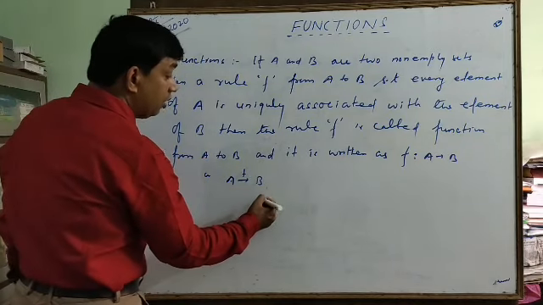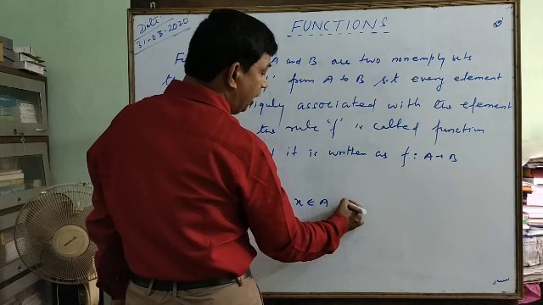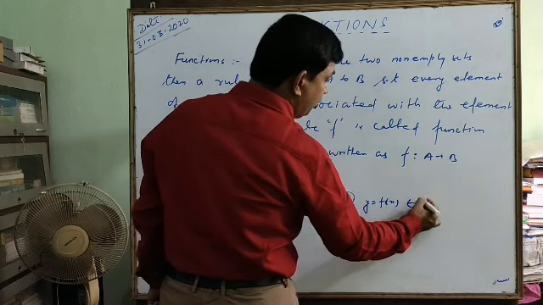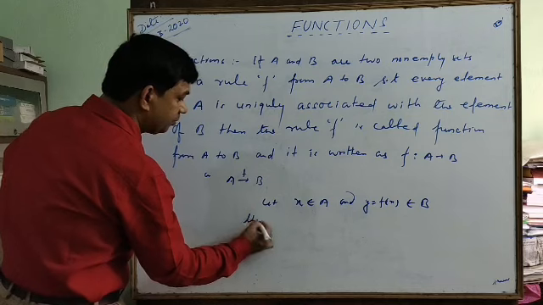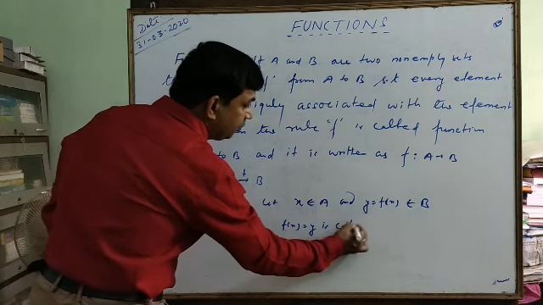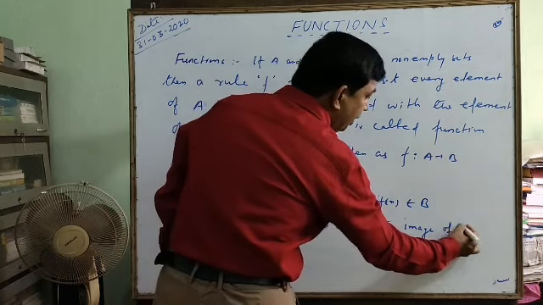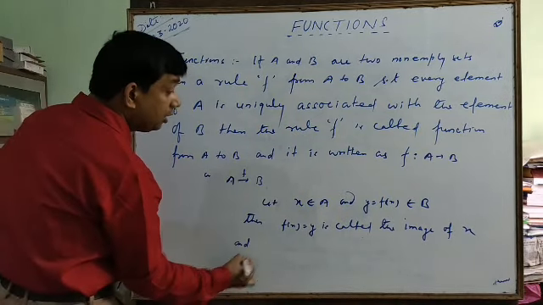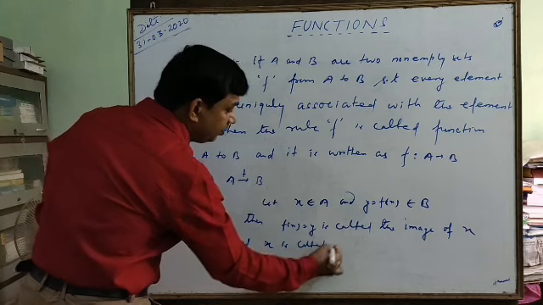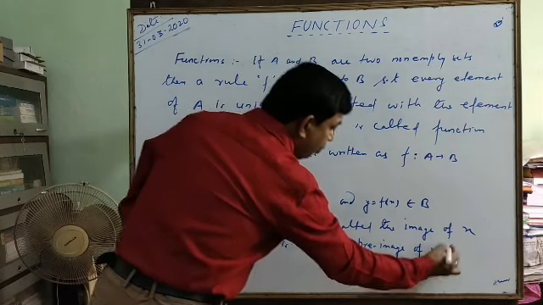So let x be any element of A and y equal to f(x), which belongs to B. Then f(x) equal to y is called the image of x, and x is called the pre-image of y.